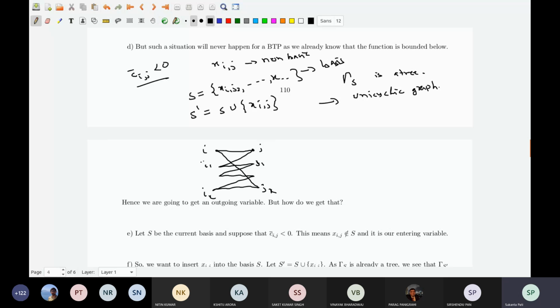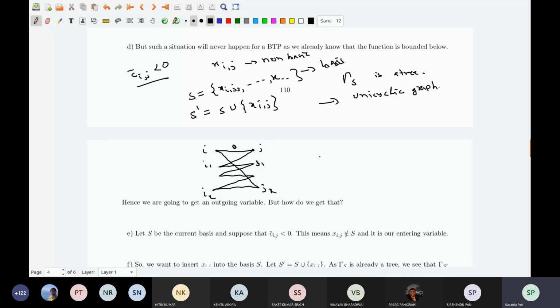And I have to break the cycle. That means I have to throw away one old edge. Now I want to increase Xij from 0 to theta. I want to give a value theta. But wait a minute, you had a basic solution, right?